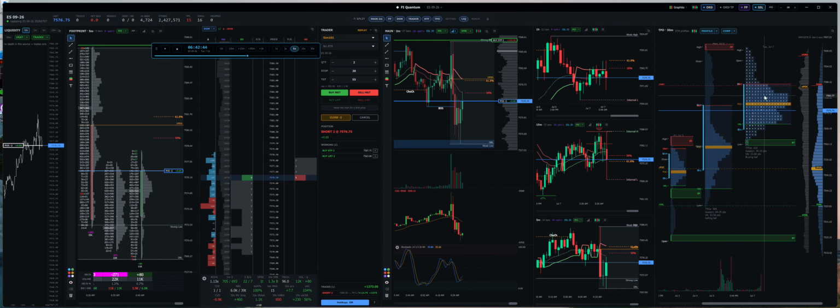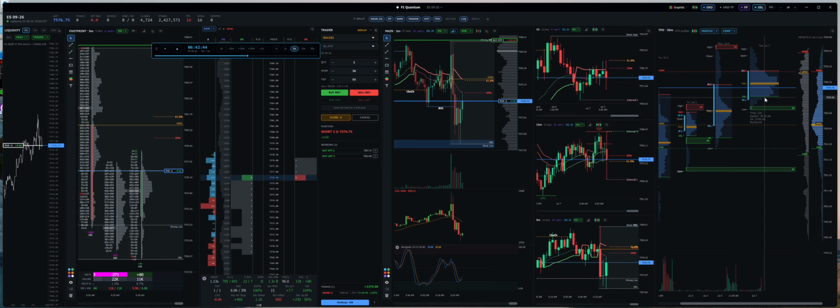Now, let's also look at the profile. So we're now in this value area, right? We've opened above value, come back into the value area. Okay. We've come back into the value area right here.